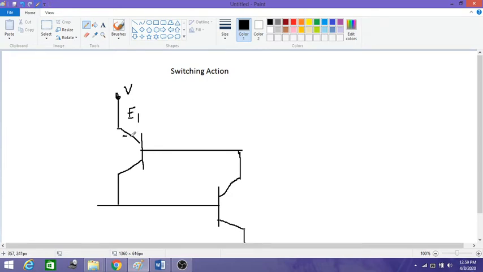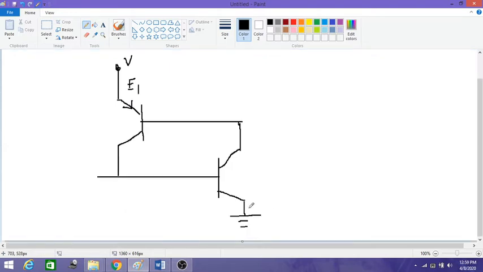This is PNP transistor, this is NPN transistor, this is NPN, and this is a PNP transistor, and this is our gate current. So either we can connect to a potential or we can connect this to ground.